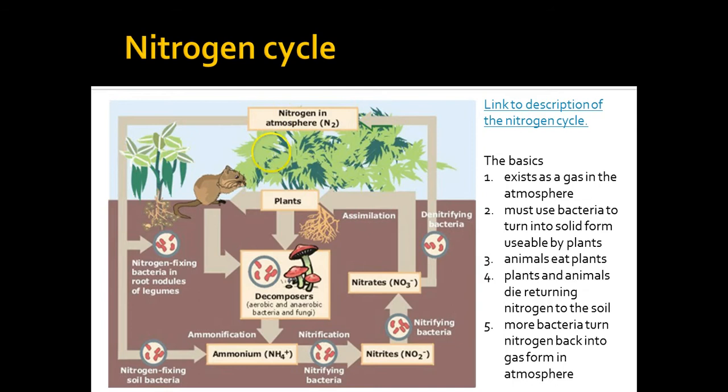The plants and animals both die, and you have decomposers returning nitrogen into a different form. Other bacteria continue to turn that nitrogen back into the gas form that's found in the atmosphere. So plants can't take the nitrogen directly out of the atmosphere. It has to go through the cycle, and through the bacteria, in order for plants to use it.